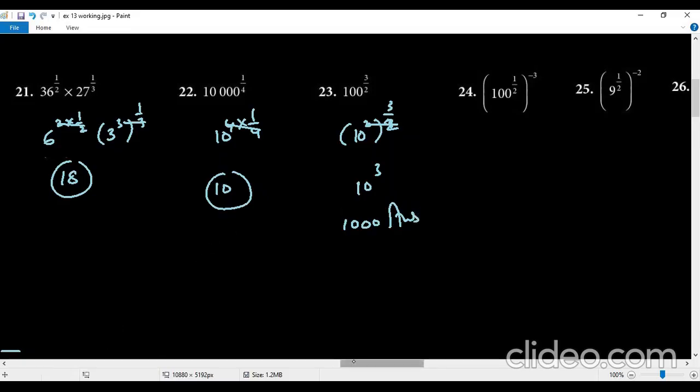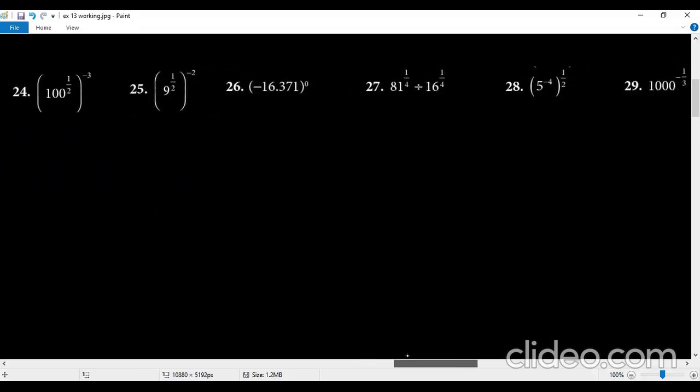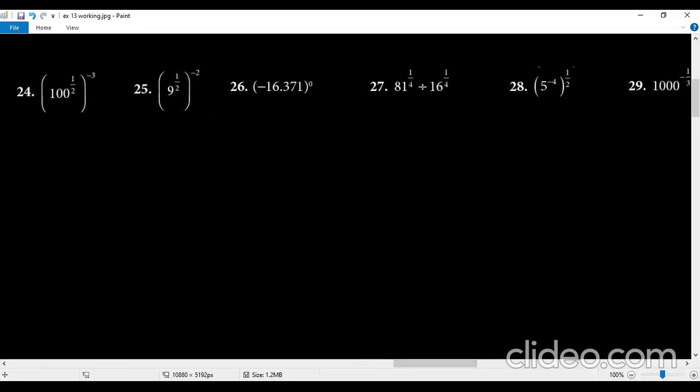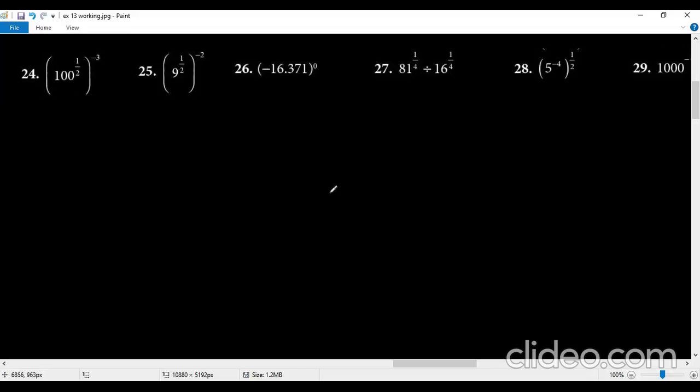Now comes 24. 24 is 100. That means I will write it like this: 1 over 2 times minus 3.